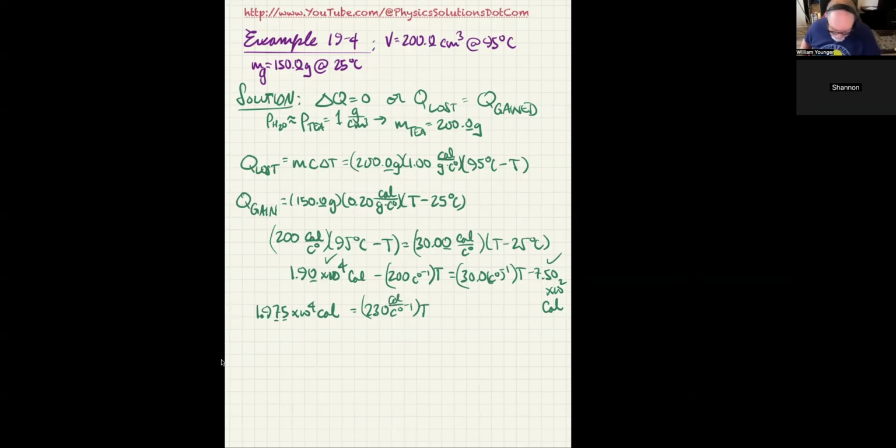So that's where that works out. So now if I divide both sides by 230, I'll just get Celsius degrees. 19750 divided by 230 gives me T is equal to 85.9 degrees Celsius.